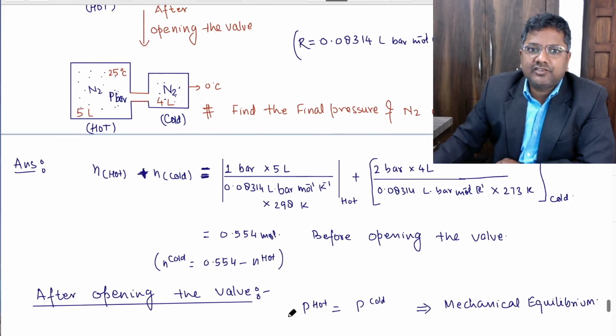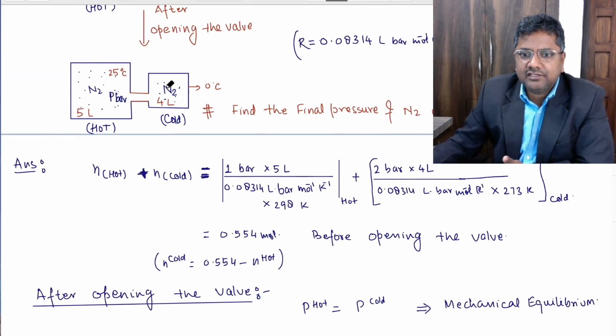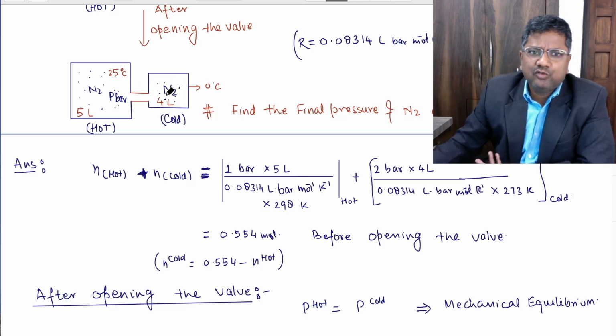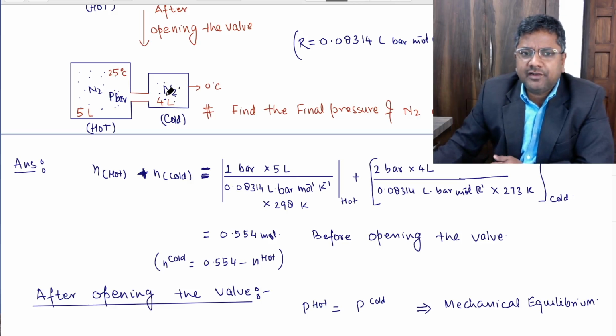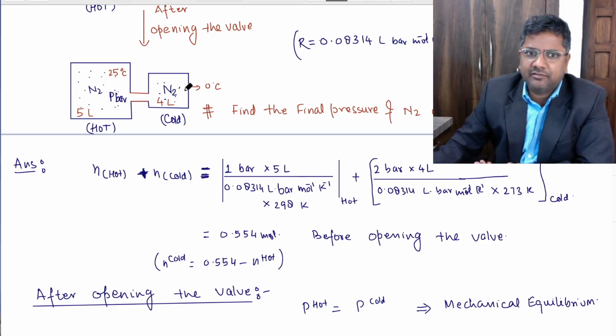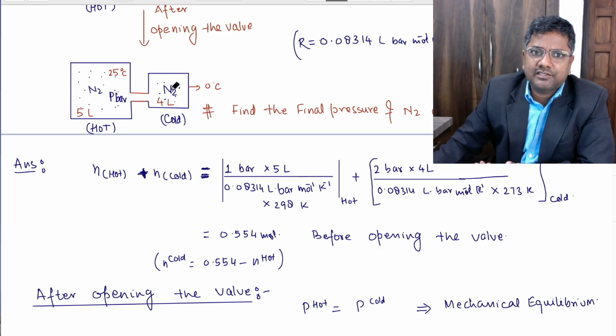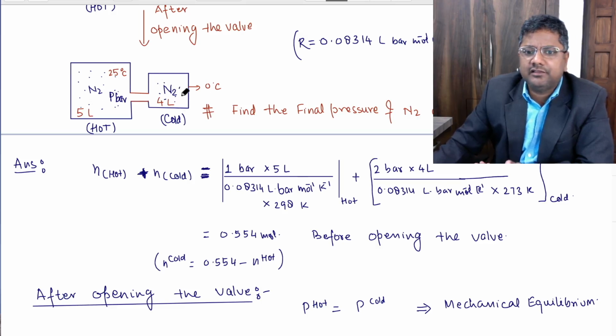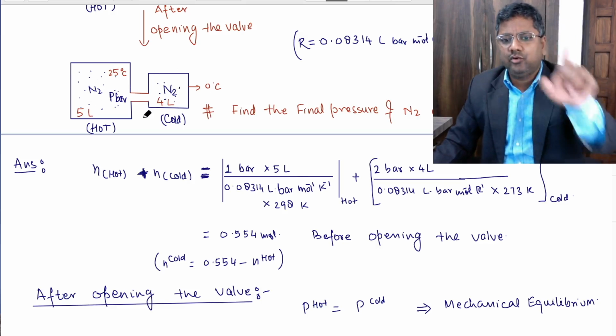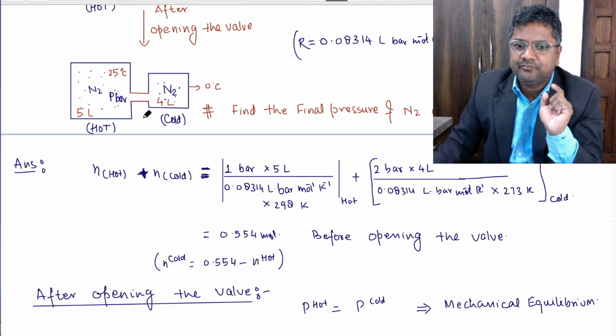And what should be the pressure here? Same pressure. Right? So how does this pressure become equal? Definitely the number of moles are different here, and volume is also different here. So accordingly, pressure will be fixed. Because now the whole system is a single system.